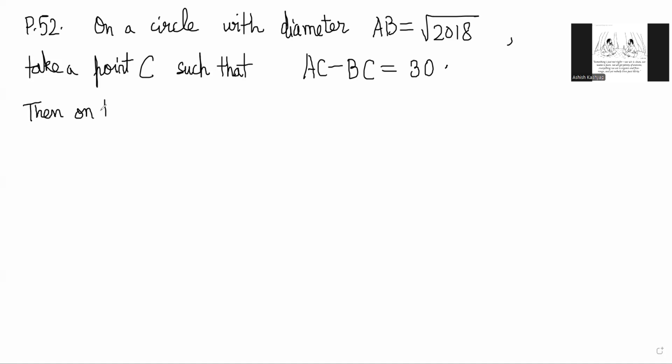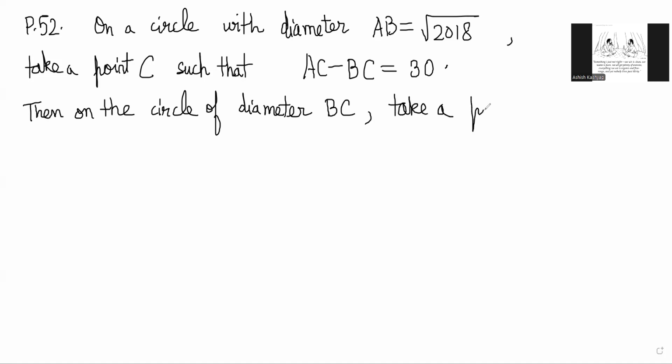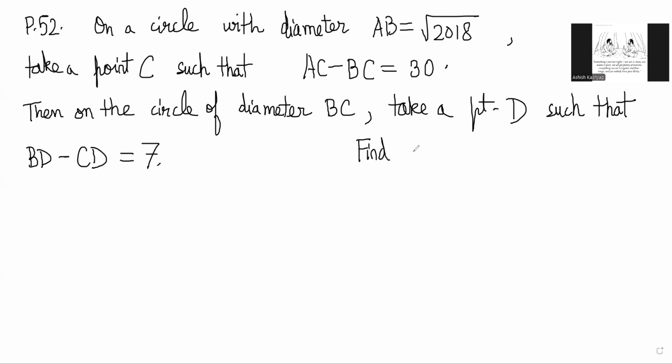Then on the circle of diameter BC, take a point D such that BD minus CD is equal to 7. You have to find the length of CD. Okay, this is the problem. Think about it.